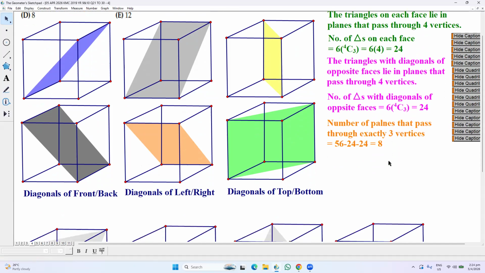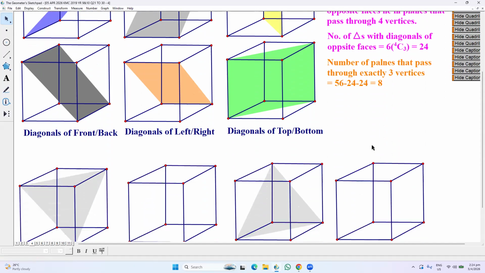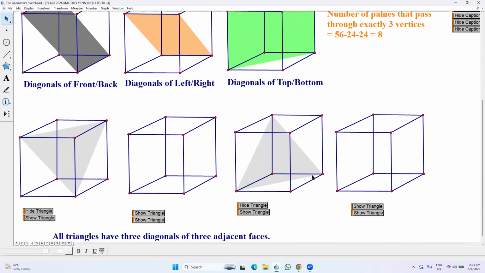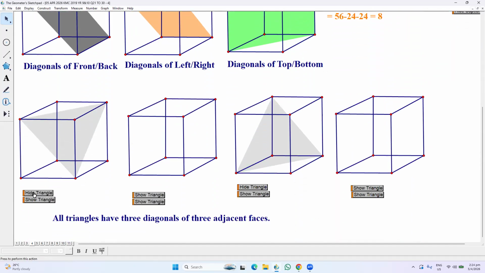If we look at the actual triangles, let's see, this is only a 3-vertex one. If we take the top face, the diagonal, you see this is also a diagonal.